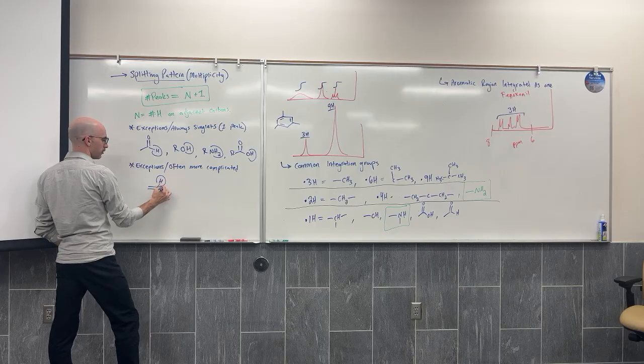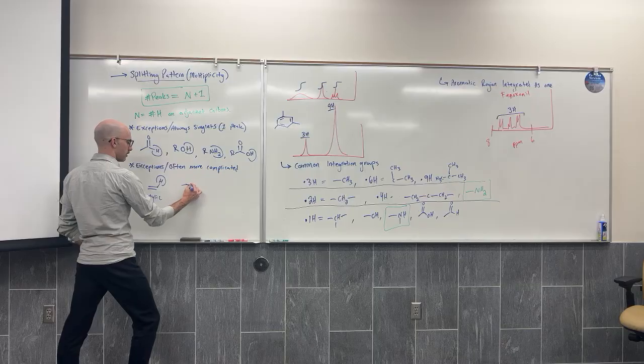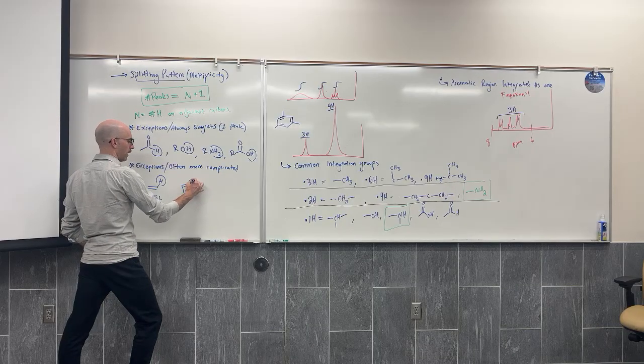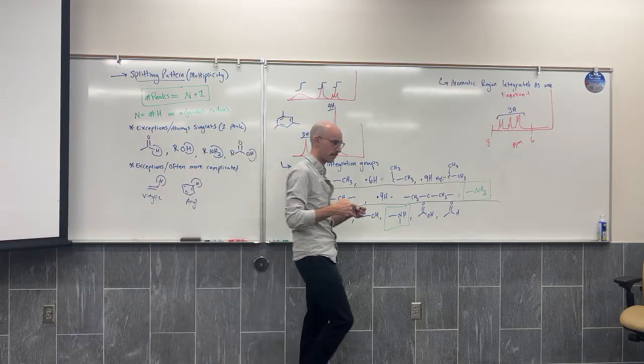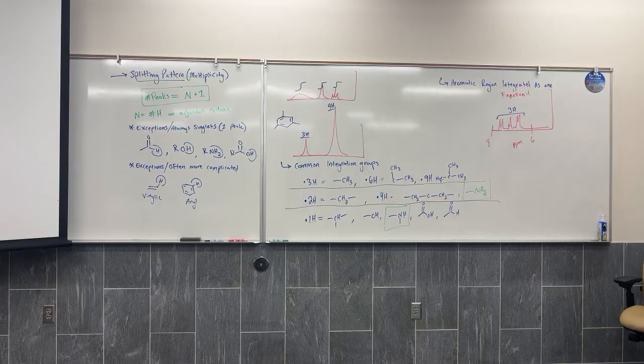Hydrogens bonded to alkenes, what we call vinylic hydrogens, and hydrogens bonded to aromatic rings, what we call aryl hydrogens. These are not always as simple as they look.